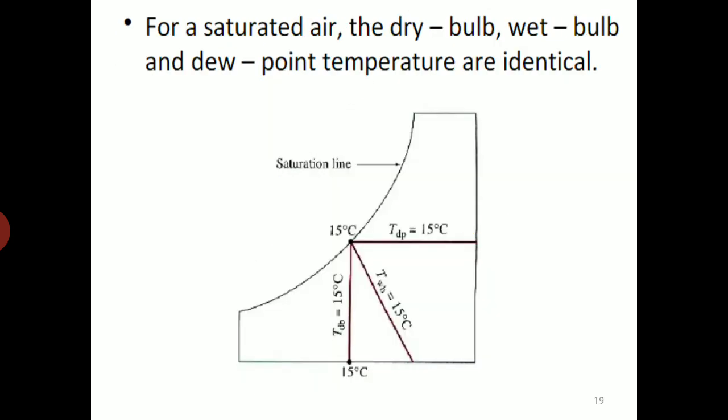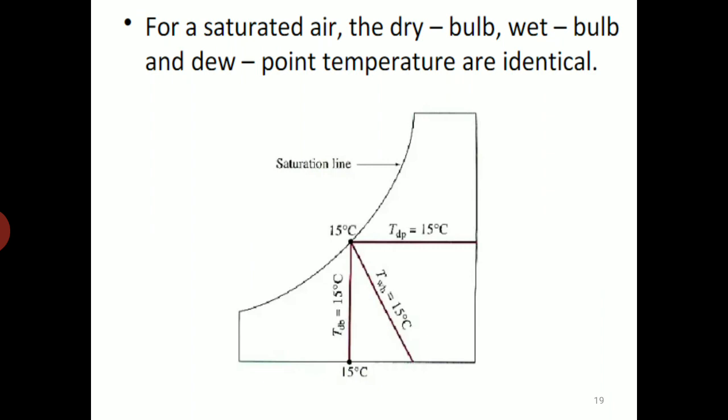So this is the condition for saturated air. The dry bulb temperature, wet bulb temperature and dew point temperature will be identical. So on the saturation curve, the dry bulb temperature, wet bulb temperature and dew point temperature will be identical.